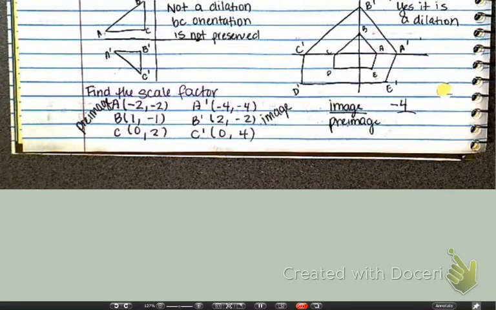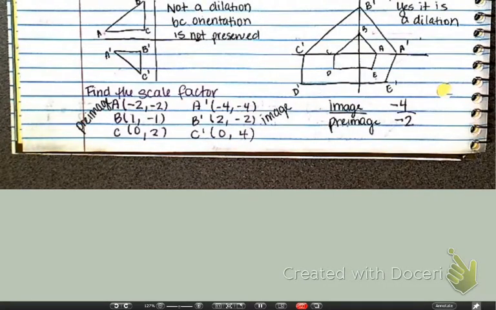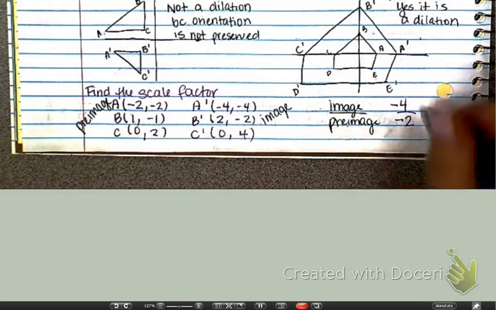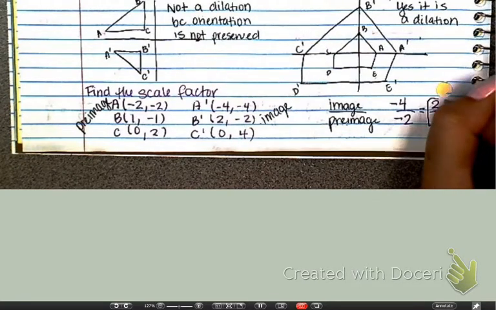What is the X value for A on my pre-image? -2. So I have a ratio of -4 over -2. That can be reduced to what? 2 over 1. Okay, so this right here is my scale factor.